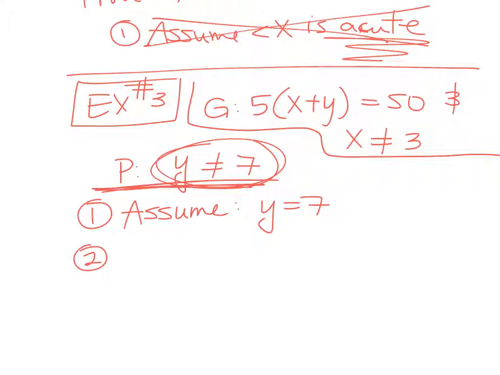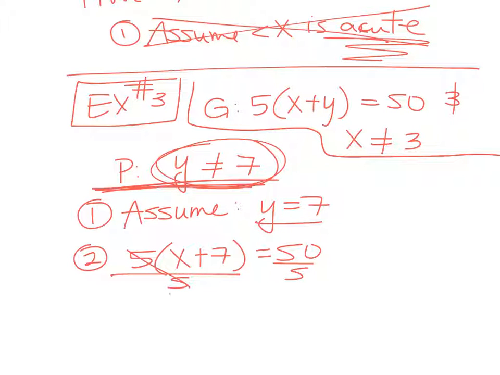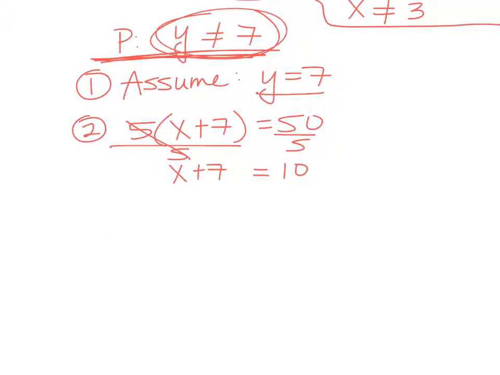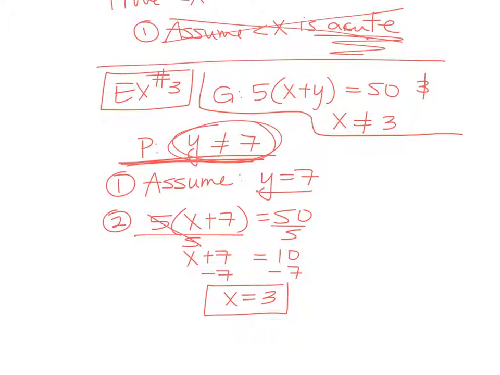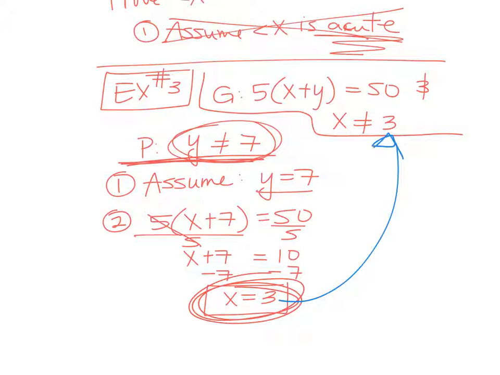Step 2 is we got to find a contradiction. Well, let's say if we're assuming y is 7, then it's 5 times x plus 7 equals 50. If we solve that, divide by 5, we get x plus 7 equals 10. How do I solve that? Take away the 7, x equals 3. Okay, well now look at our proof. What is wrong with this? X does not equal 3, right? They told us here, x is not 3.